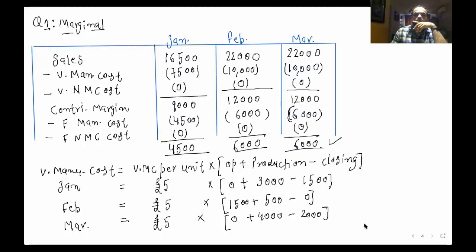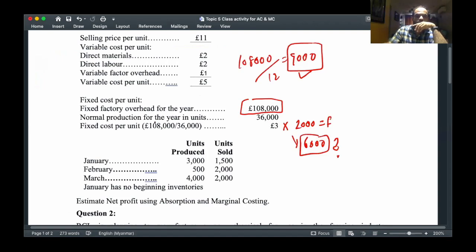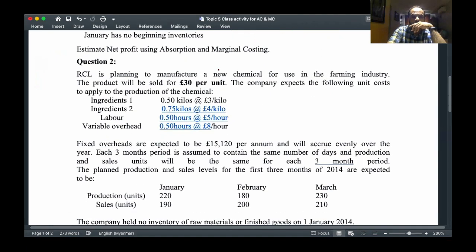Okay, so let's move on to question 2. So quickly have a look at question 2. Question 2, we have selling price, which is £30 per unit. And we have this one.